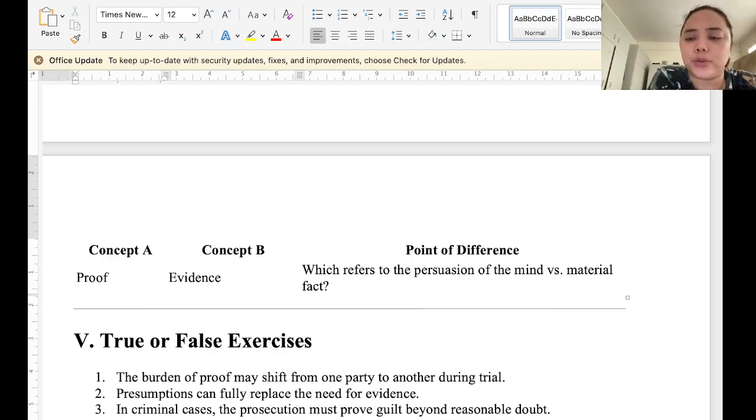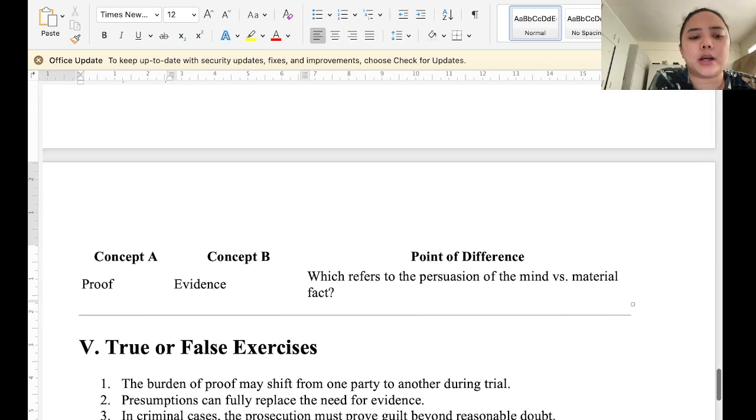To answer on your own, if you want to put it in your notes, then well and good. Okay. So these are true or false exercises. This time, I want you to write this on a piece of paper. This is a self-test, okay? Once you're done, you can check your answers based on this one.